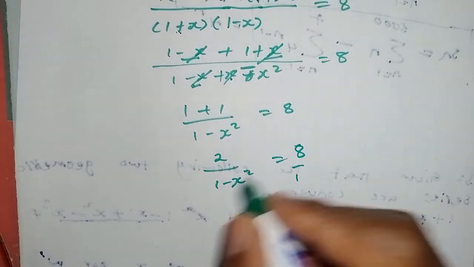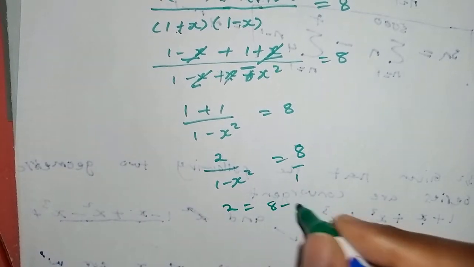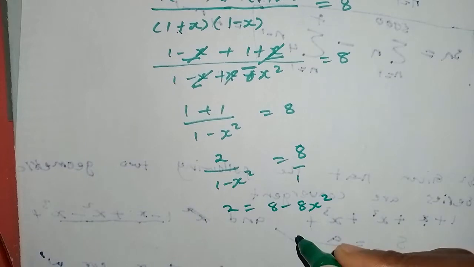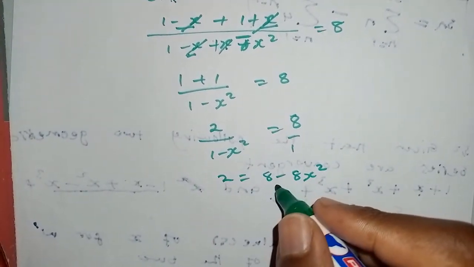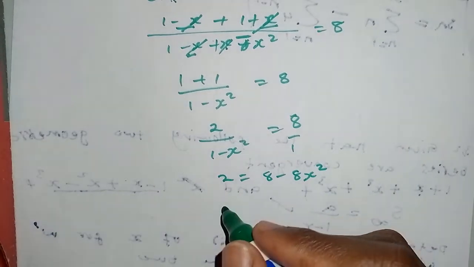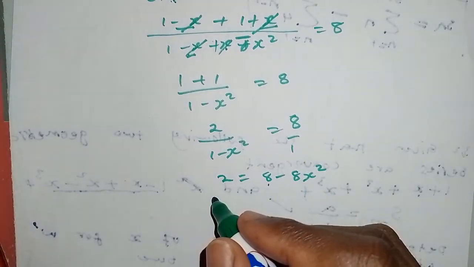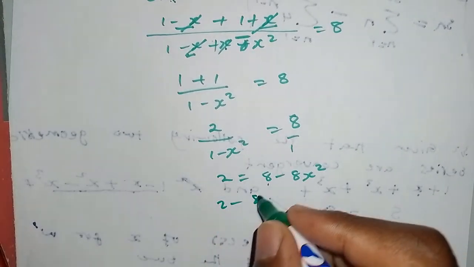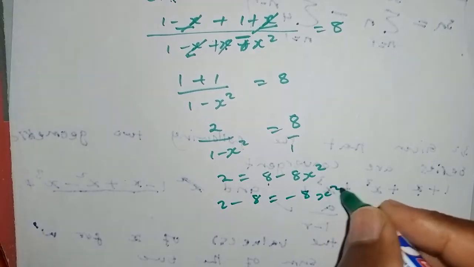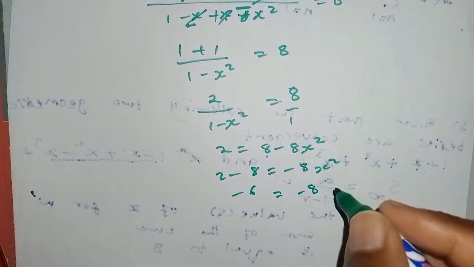Then cross multiply, I'm going to have 2 equals 8 minus 8x squared, right? Before I divide, let me take this to the other side. It's going to be 2 minus 8 equals minus 8x squared. Then this gives me minus 6 equals minus 8x squared.